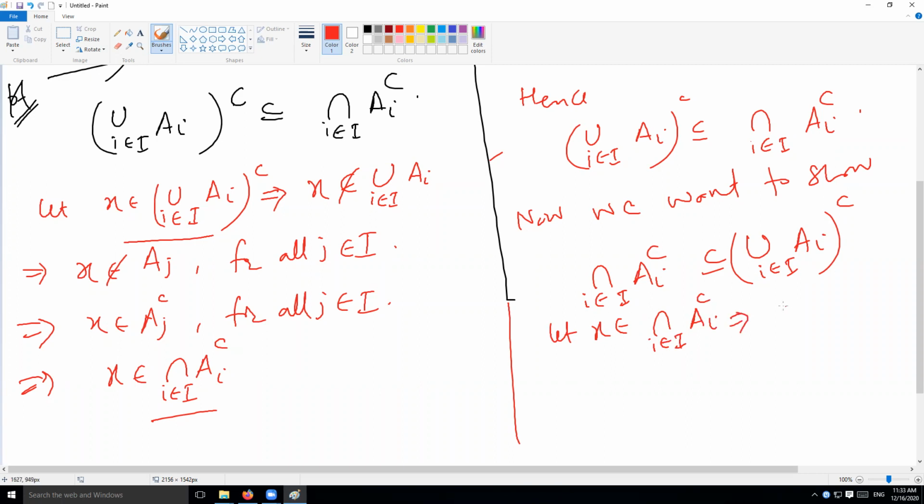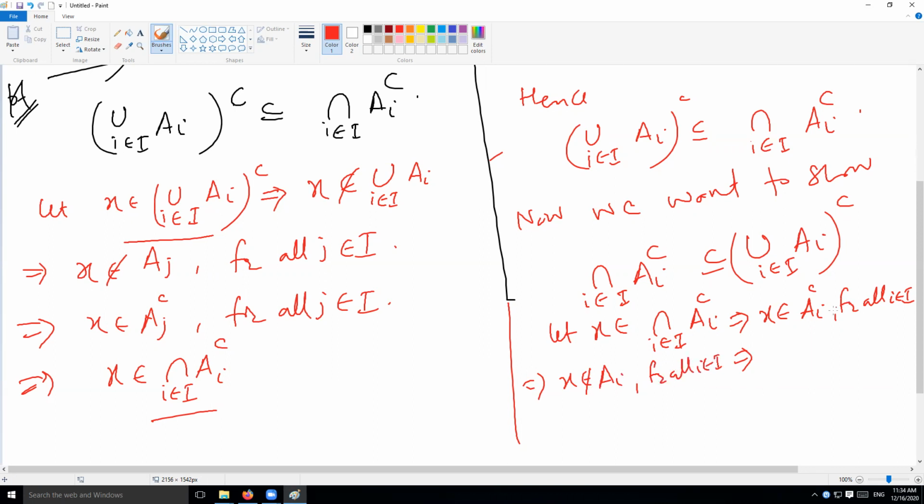This is going to be the same as X belongs to AI complement for all I in I. And if this is the case, then where is it not going to be? I'm going to say X is not in AI for all I in I.